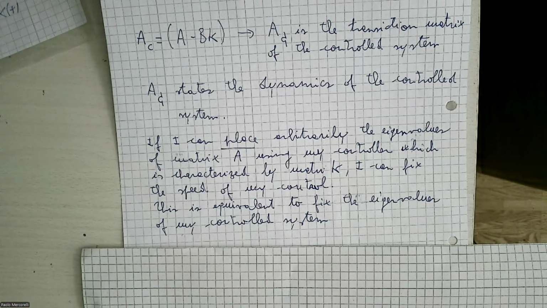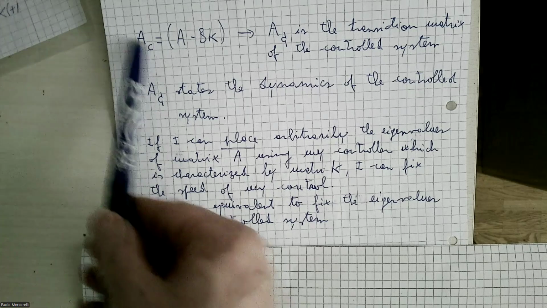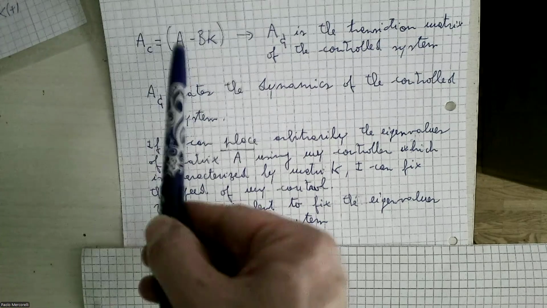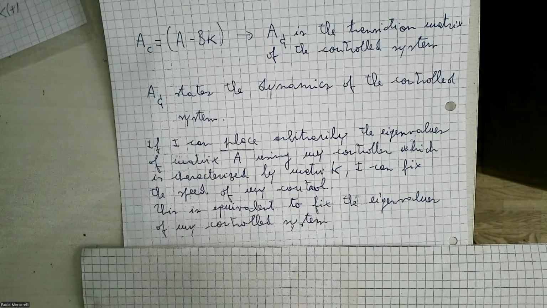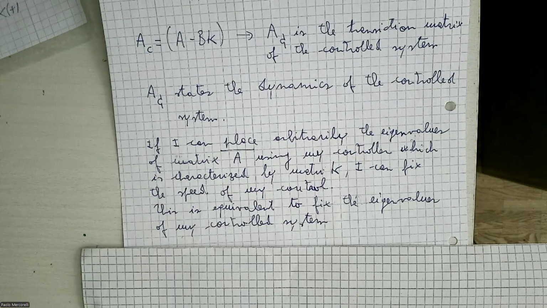I basically change the dynamics of the original system, which is characterized by the matrix A. Of course, I cannot change the eigenvalues of A, but I can change the eigenvalues of AC, which is based on the matrix A, because A represents the system.